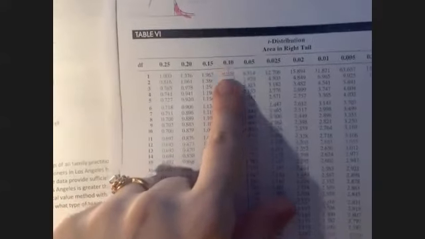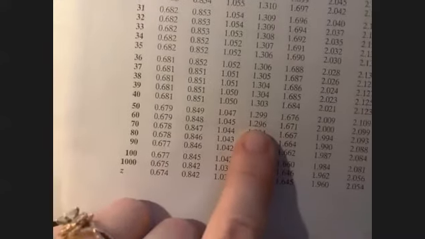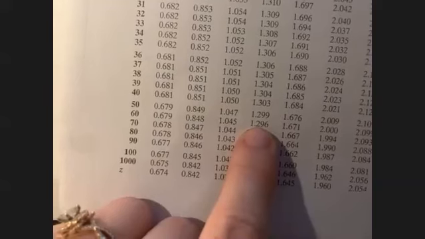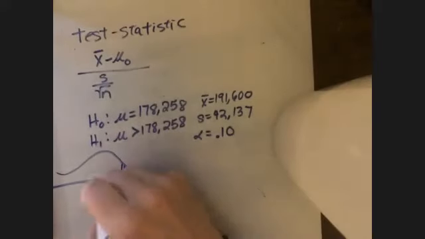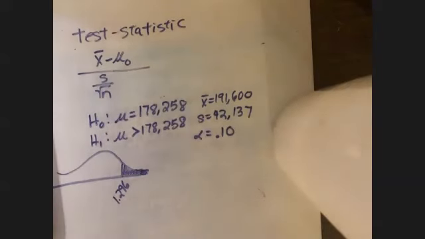So I'm going to go to line 59, if I've got it. Okay, and I don't. So I'm going to go as close as I can. I'm going to actually use line 60. 1.296. Okay, so back over here on my pretty picture, that is going to be at 1.296. Okay.